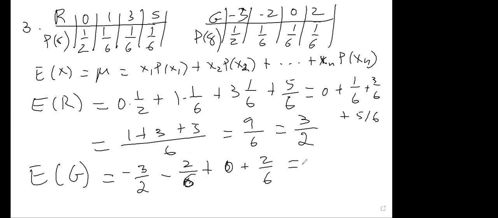And what will this equal to? All of this will be 0, right? So minus 3 over 2.